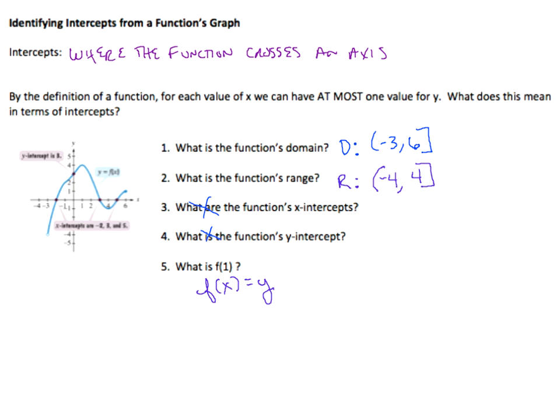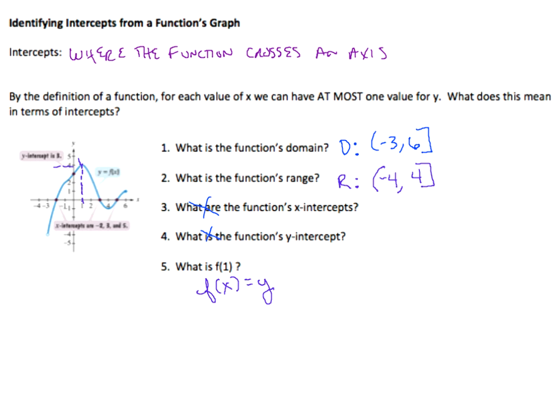So this is telling you, when I plug in 1 into this function, what do I get out on the graph? If I put an x value of 1 into the function, I get out, well, let's see, I'm going to just draw a line up to see where it meets.